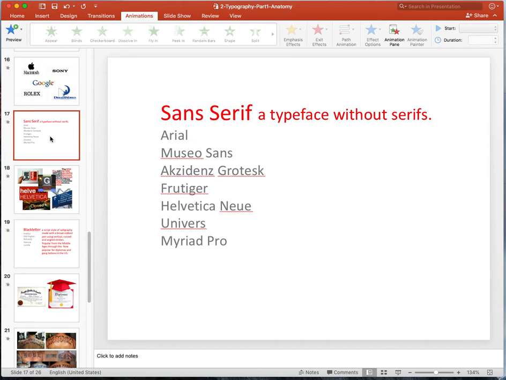Sans serif, again, a font without serifs, and sans in French means without. And here are some other examples. Arial, Helvetica Neue. Frutiger was actually used to create Helvetica Neue in Switzerland. Universe, very close also. Myriad Pro, you know that.